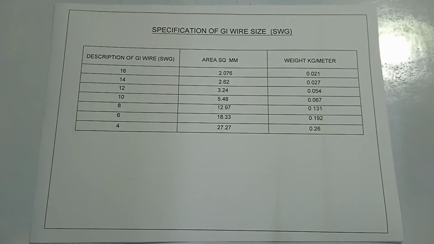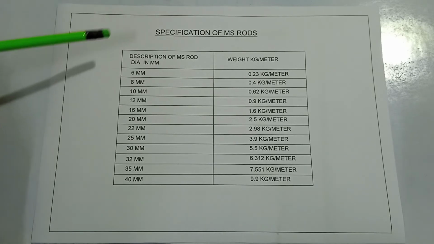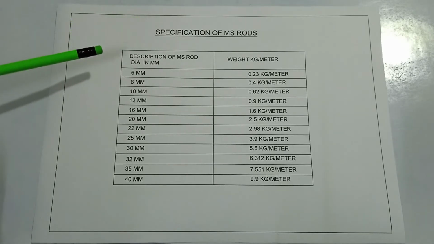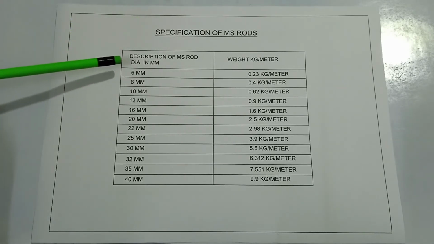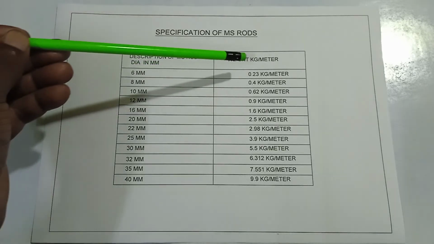Okay, next. Here is the specification of MS rods. Description of MS rod, diameter in mm and weight in kg per meter.